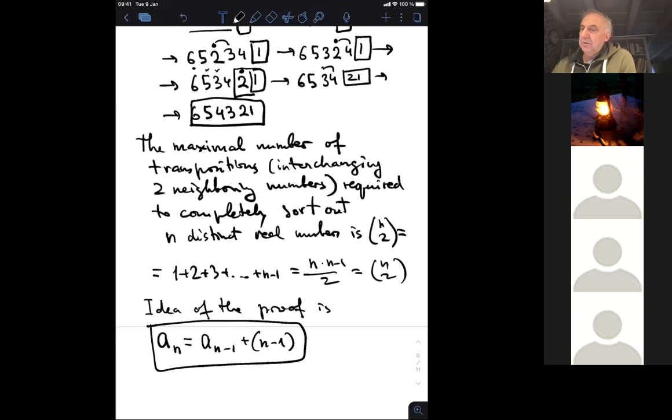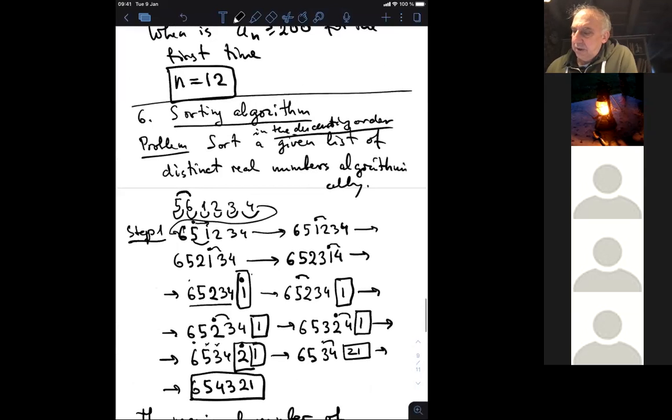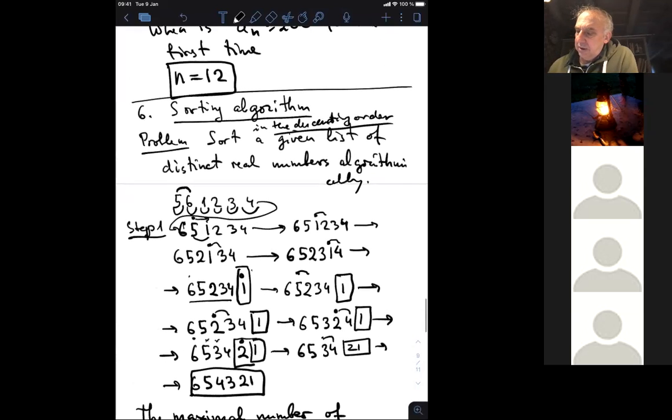Why? So how have we done this algorithm? We start with the first number. In this case, it was 5, and we were looking how many maximal number of times we have to switch it with a neighboring number before it stabilizes.